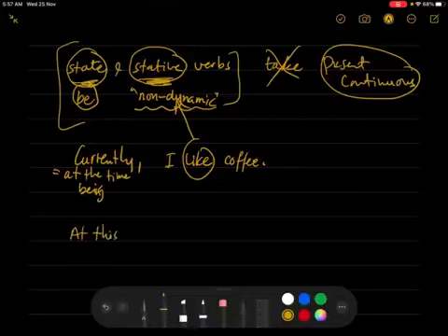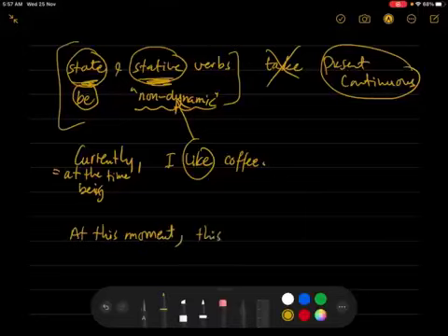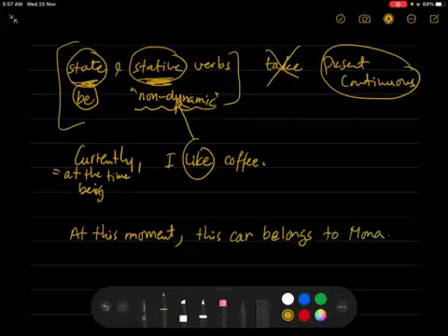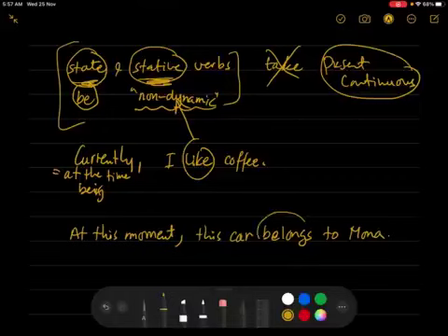Okay, another example, when we say at this moment this car belongs to Mona.